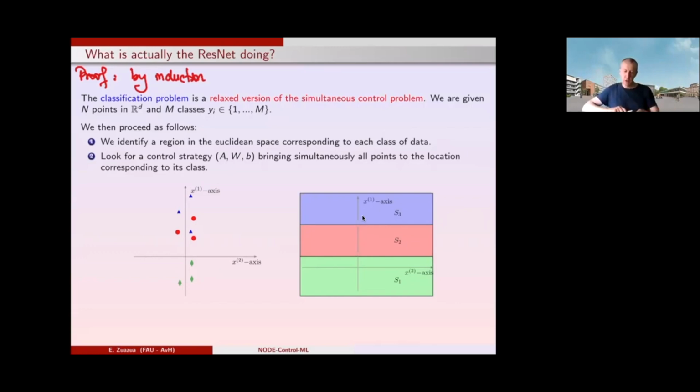So here we will also do an inductive argument, which, as I said, is not so new in the context of control, but in this particular case, it is very much adapted to the goal we are trying to achieve. So what is our goal?